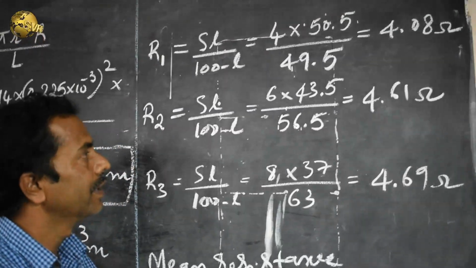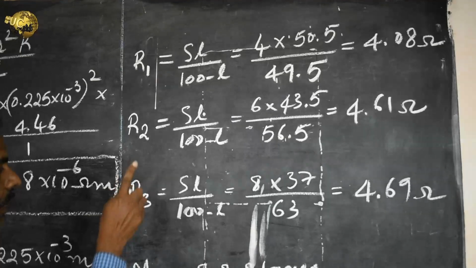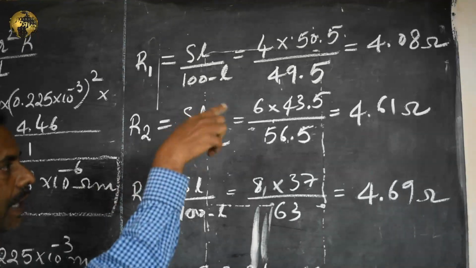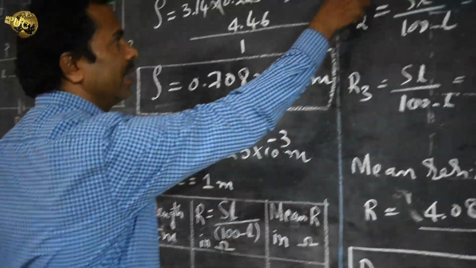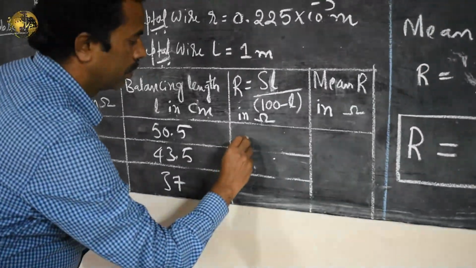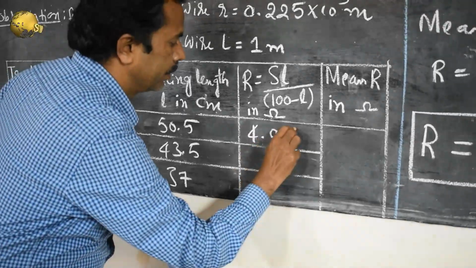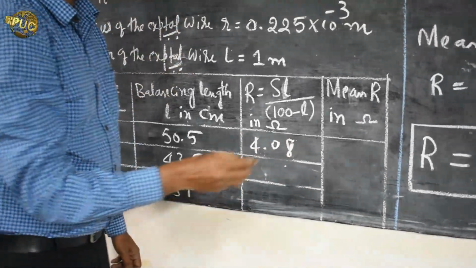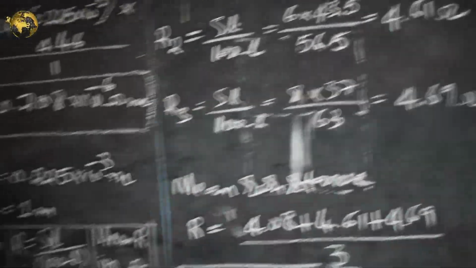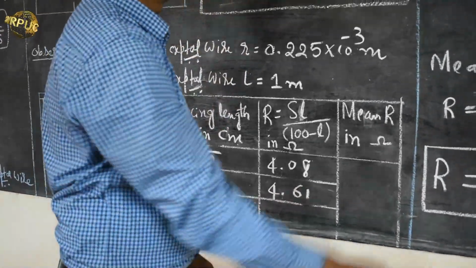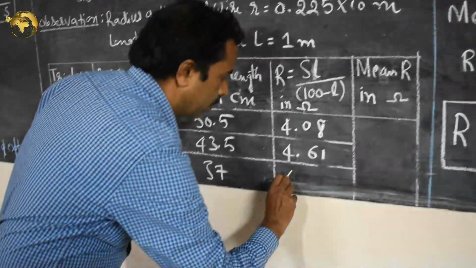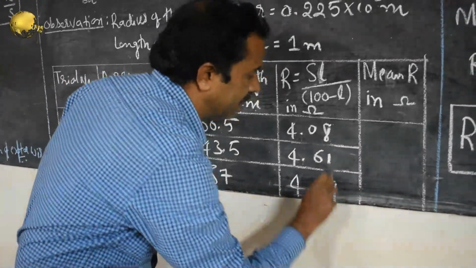We have calculated R1, R2 and R3 and the same readings are tabulated in the tabular column. R1 is 4.08 ohm and R2 is 4.61 ohm and R3 is 4.69 ohm.